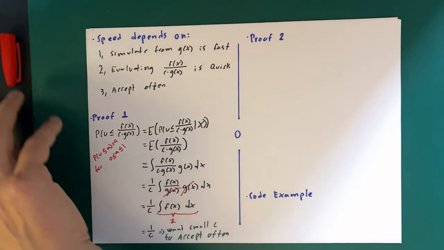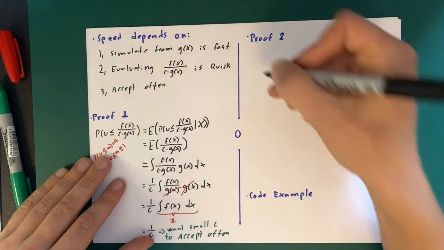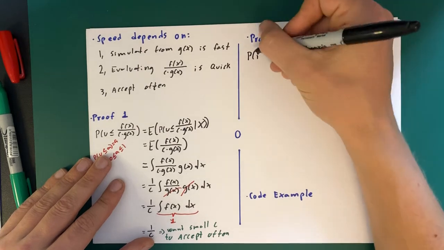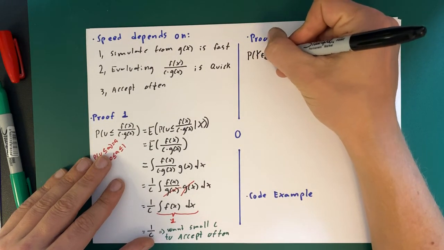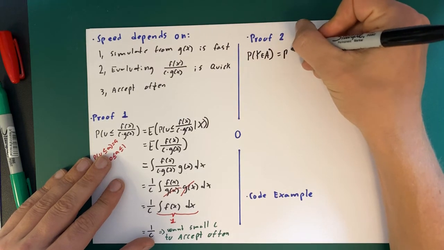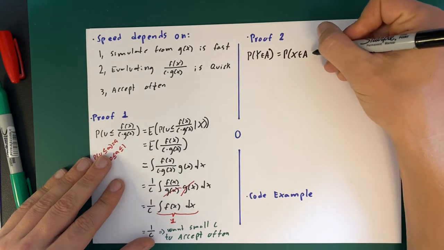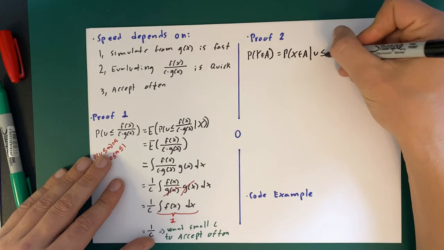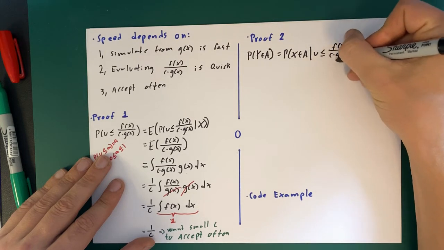The second proof is the proof that the method actually works. The probability of capital Y, an accepted sample, belonging to some set A is equal to the probability that X, the sample generated, belongs to A, conditional on us accepting it, U being less than or equal to f(x) over the envelope.